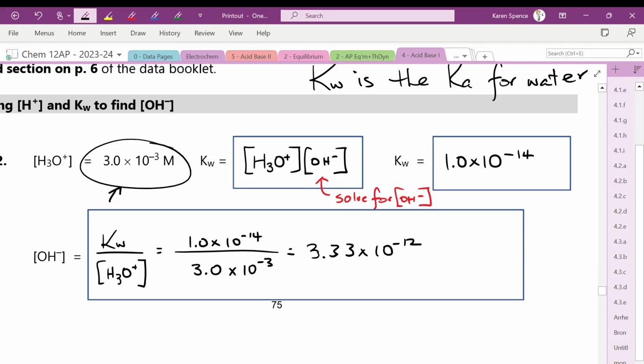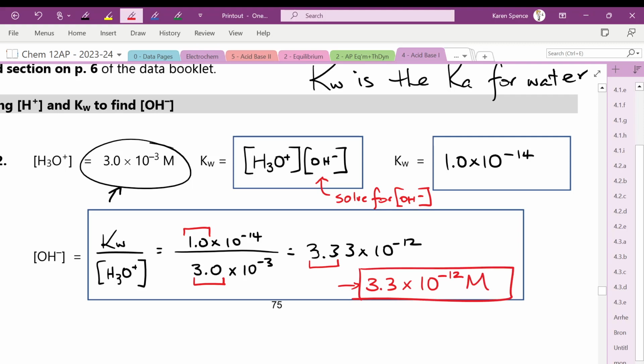How many significant figures should be in our answer? Two sig figs. So we want to have 2 sig figs, 3.3 times 10 to the negative 12. Am I done? Molar.